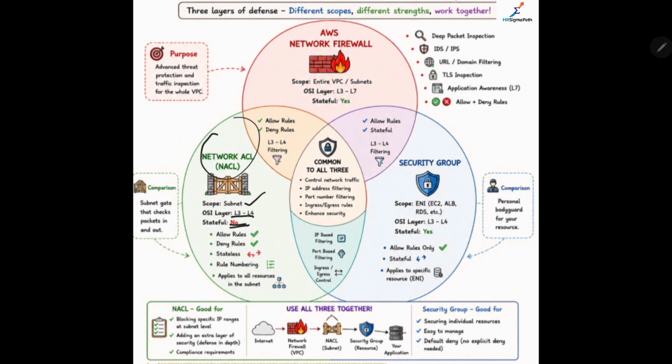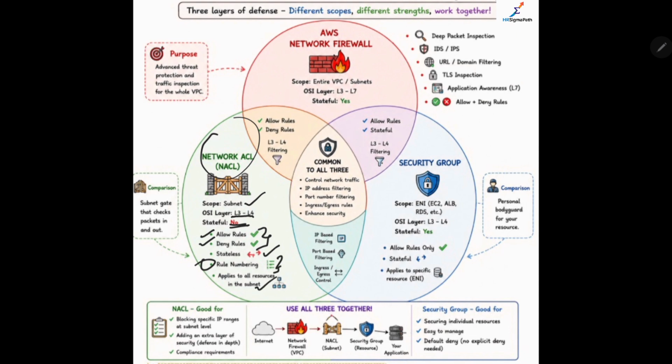This means if you allow incoming traffic, you must also create another rule allowing the return traffic. The diagram also shows that Network ACL supports both allow rules and deny rules, uses rule numbering to decide evaluation order, and automatically applies to every resource inside the subnet.